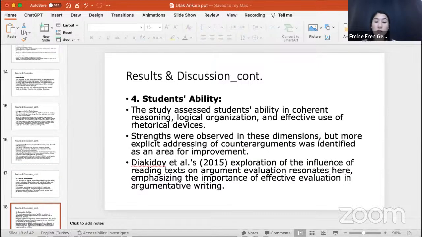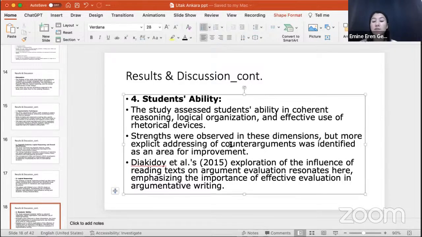And the students' ability was another finding, in which the students' ability in coherent reasoning, logical organization, and effective use of rhetorical devices was examined. Again, we observed some strengths in these dimensions, but more explicit addressing of counter-arguments was identified as an area for improvement.